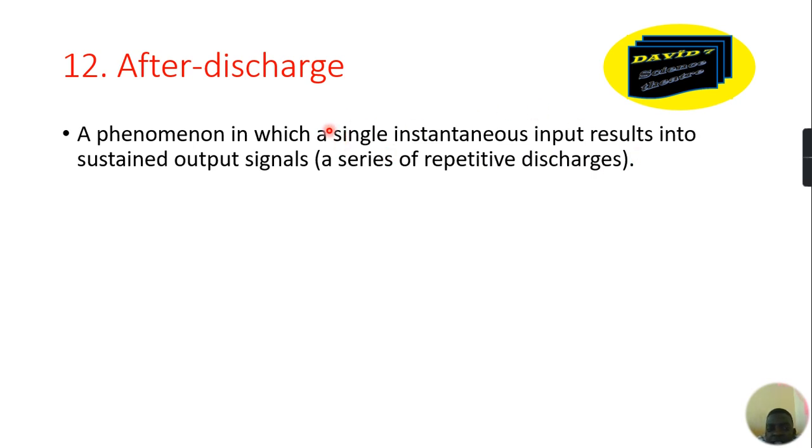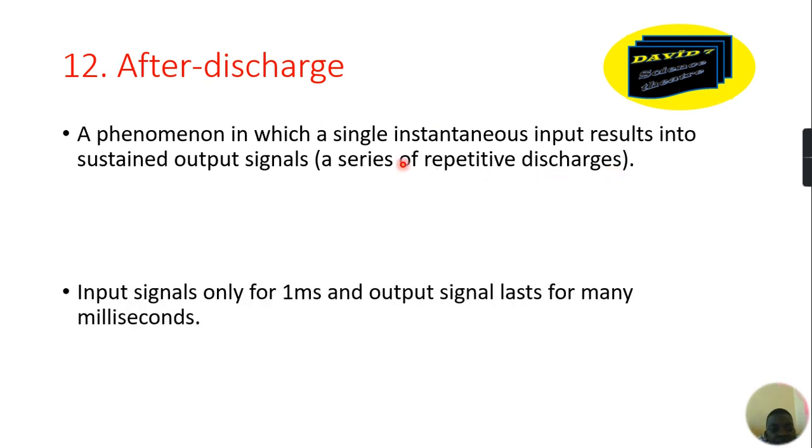It is from a single input, but you have a series of repetitive discharges which are even sustained. An input signal, for example, of just 1 millisecond can give output signals that last for many milliseconds. That is what we call after discharge.